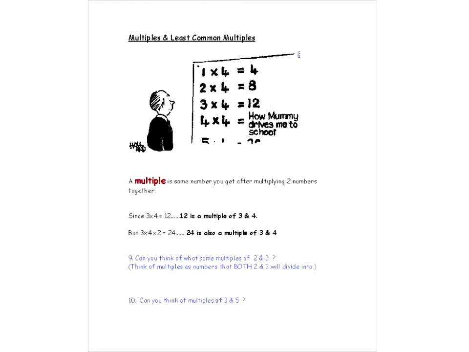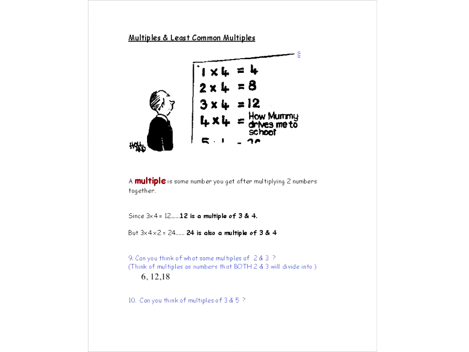All right, with that in mind, can you guys think of what some multiples of 2 and 3 are? Okay, 6 is one of them. Any others? Okay, 6, 12, and 18.